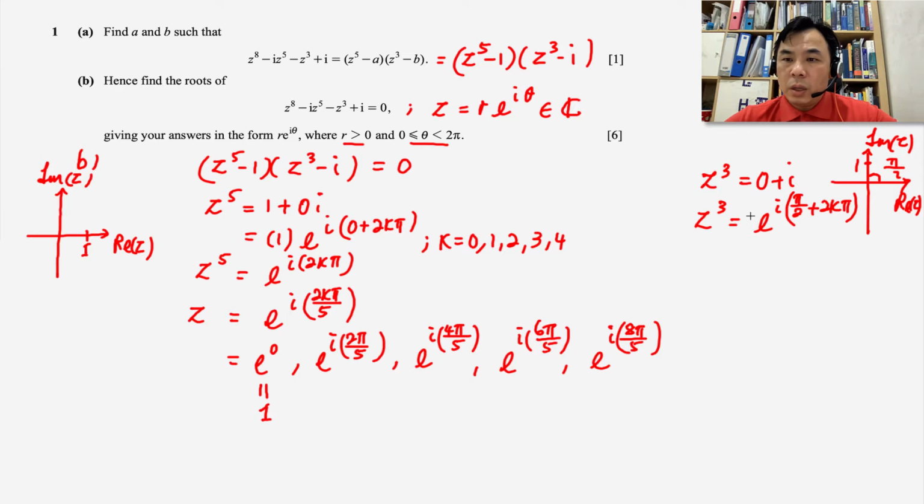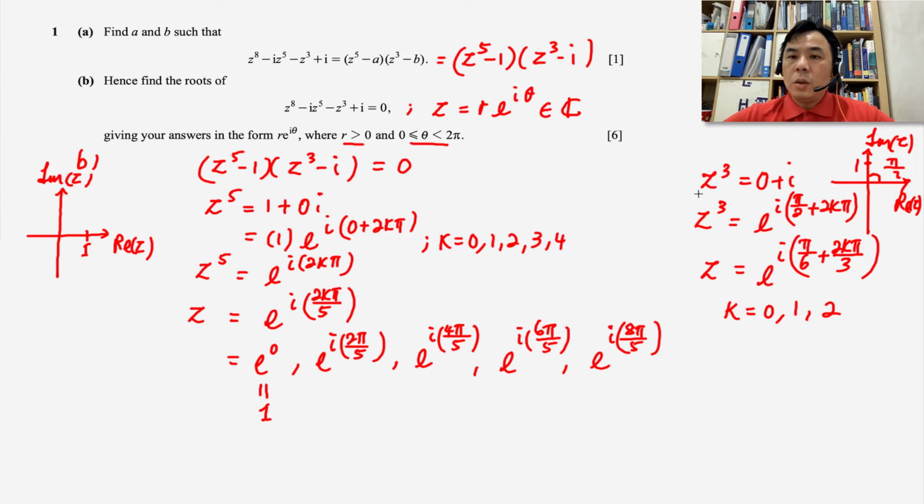Then we can simplify this so that we can get z instead. Dividing by 3, there will be a 6. Then you must specify k starting from 0, 1, and 2, because we have 3 roots here.